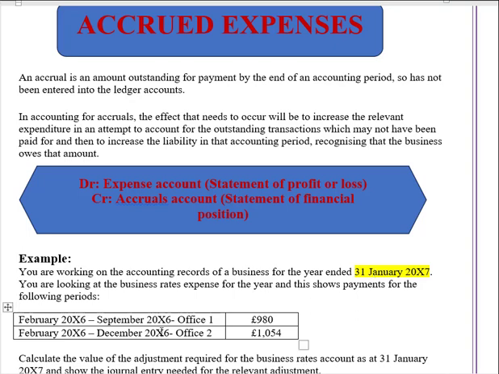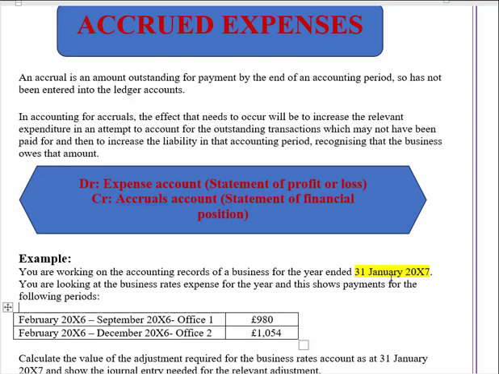So let's see. Remembering my year end is January. The first office, it says to me February to September X6. So I have to go all the way to January X7. So there are a few months there that you have not yet paid for. Those months you will need to raise an accrual for. February to December X6.